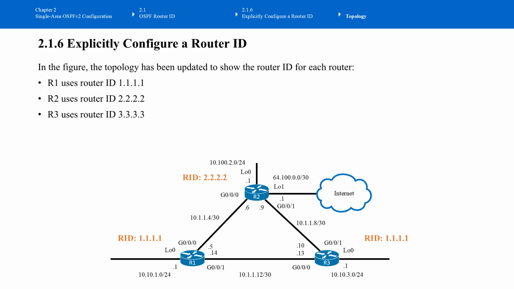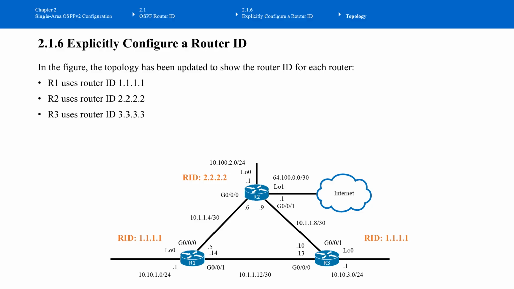As shown in the figure, R1 uses the router ID 1.1.1.1, R2 uses the router ID 2.2.2.2, R3 uses the router ID 3.3.3.3. Notice that these router IDs are easy to recognize and remember. They are also independent of the router's interface IP addresses.